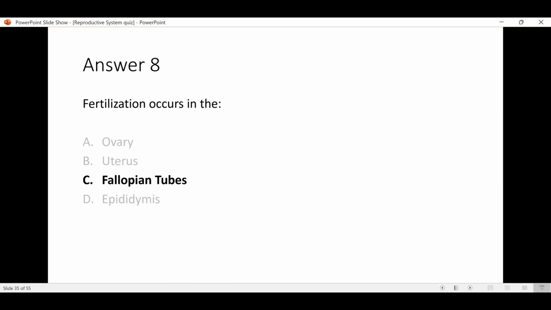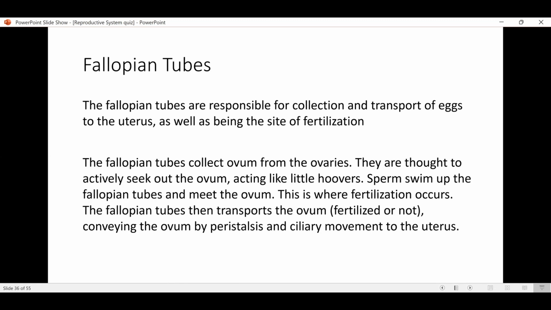Answer 8 is fertilization occurs in the fallopian tubes. So the fallopian tubes collect the egg, they suck it up, and then the sperm go through the vagina, through the cervix, up through the uterus, into the fallopian tubes, and that's where fertilization happens.